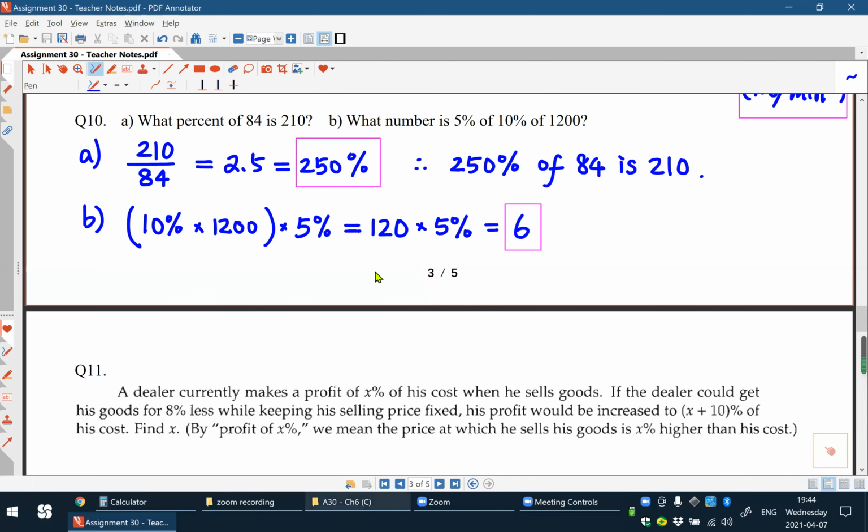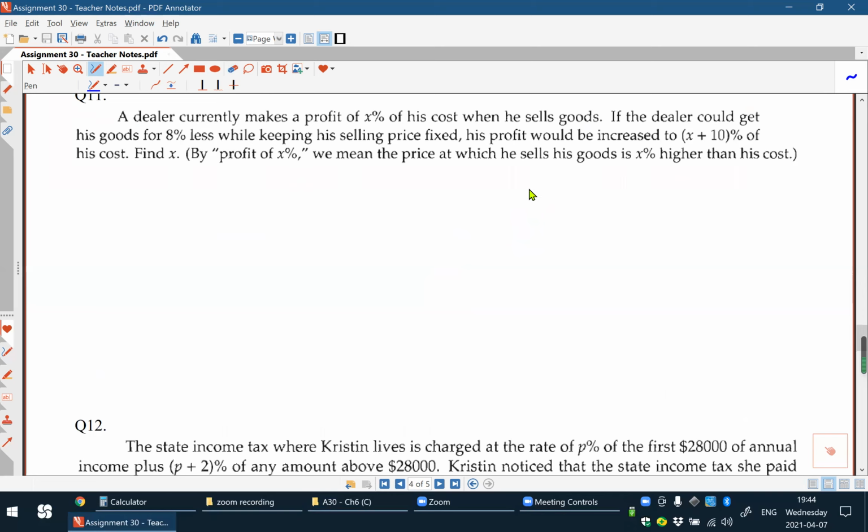Have no questions, let's have a look at the next one. A dealer currently makes a profit of X% of his cost when he sells goods. If the dealer could get his goods for 8% less while keeping his selling price fixed, his profit would be increased to X plus 10% of his cost.